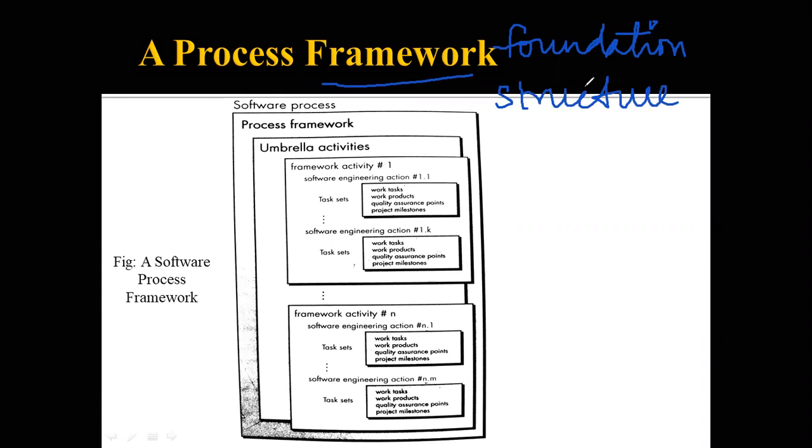You're going to have a frame in which you're going to work. So this process framework is going to make use of umbrella activities, and umbrella activities are going to make use of software engineering actions to complete a particular task. Whenever you're designing a software process, you're going to make use of umbrella activities and the framework activities. Within the framework activities, you've got a list of software engineering actions.